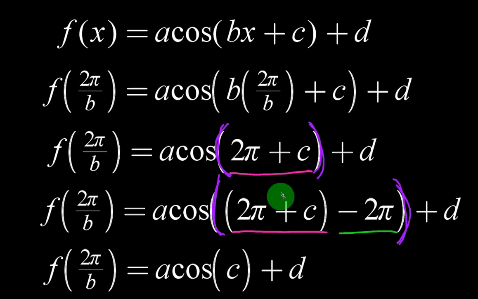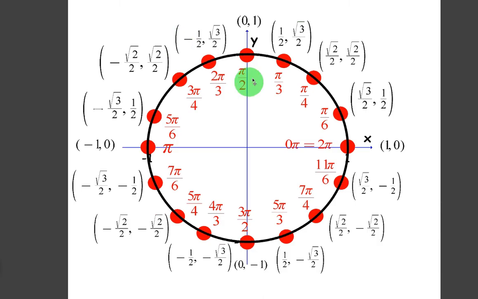Well, 3 pi minus 2 pi is not the same angle, but it gives you the same cosine value. So let's take a look. For example, let's just do 3 pi. 3 pi would be right here. So here's my x value, negative 1. If I subtract 2 pi, I go clockwise 360 degrees and I'm back at pi, and voila, I've got the same x value.